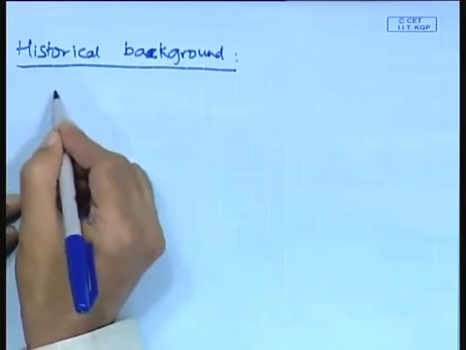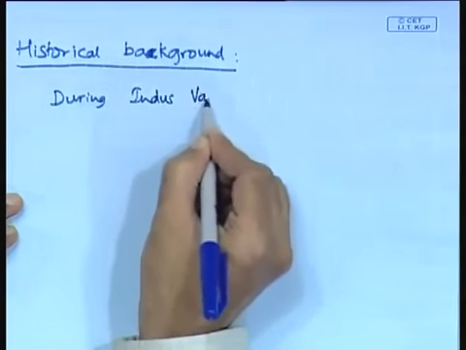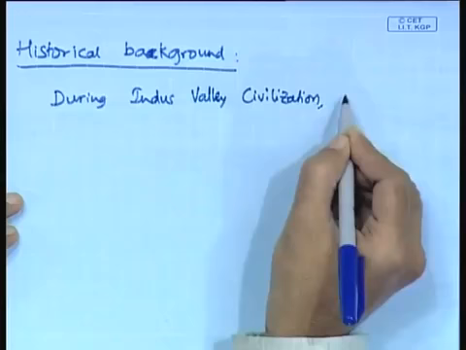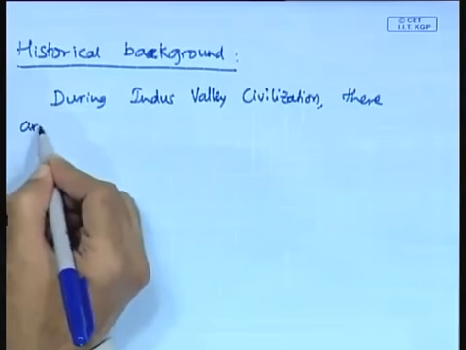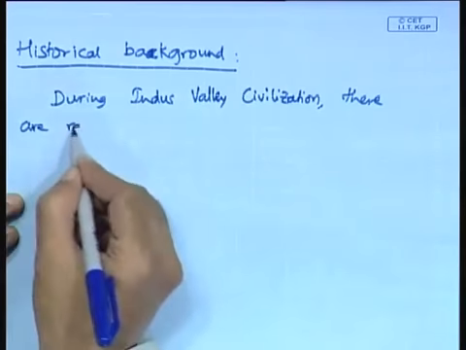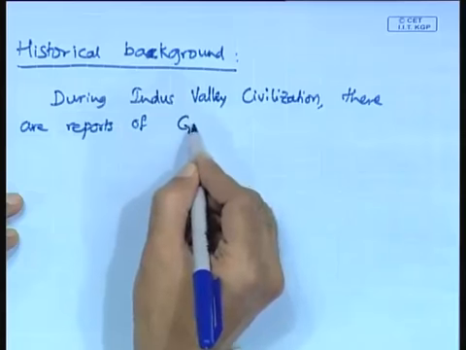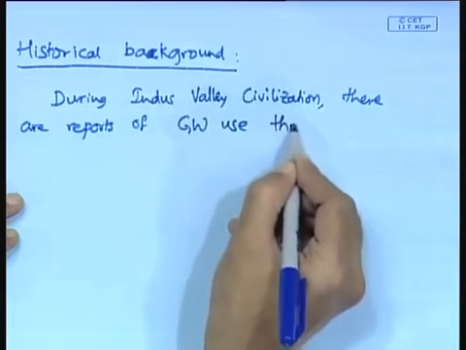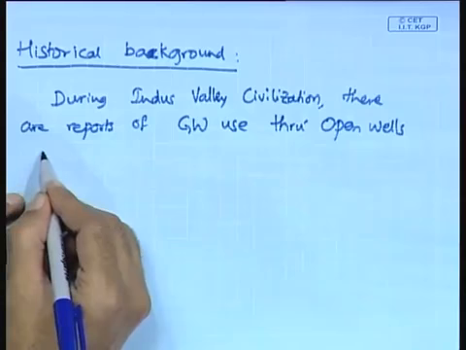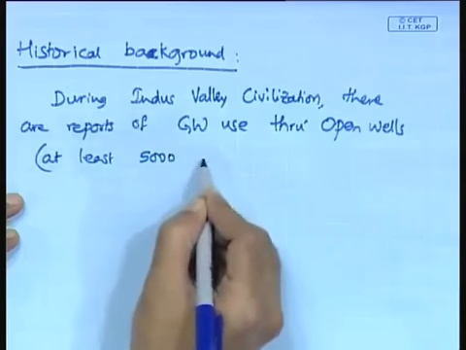So, here during the Indus Valley civilization, there are reports of groundwater use through open wells. So, this is at least 5000 years ago.